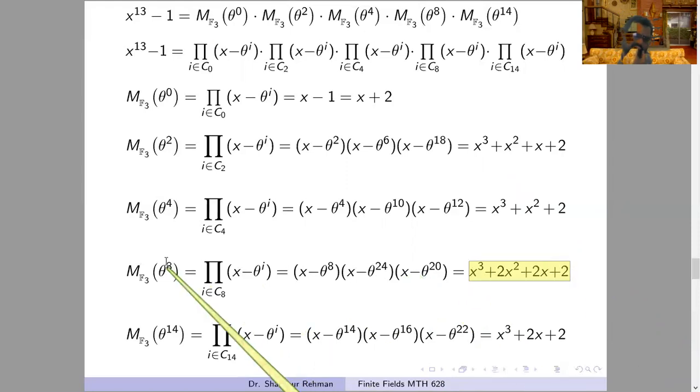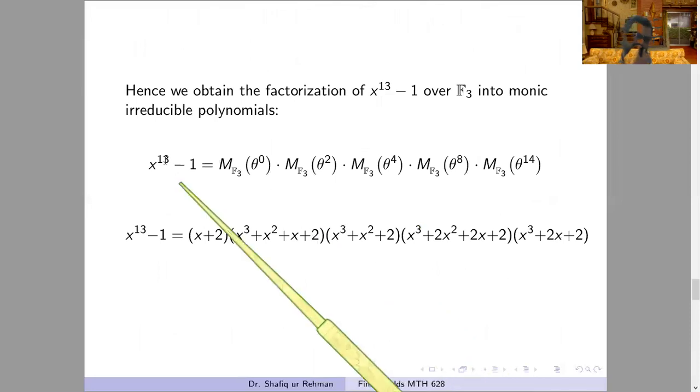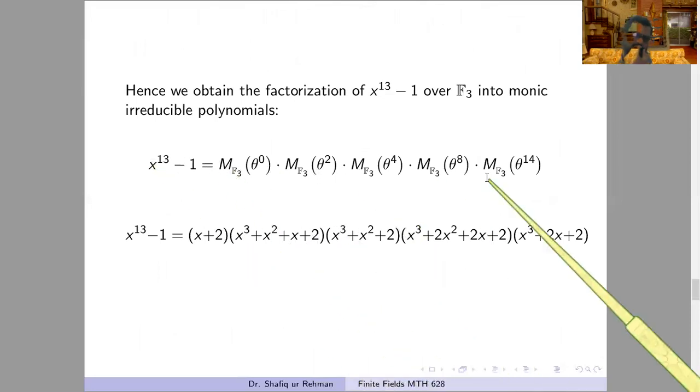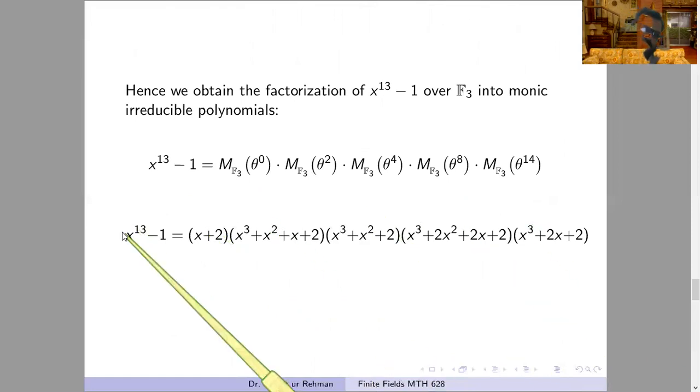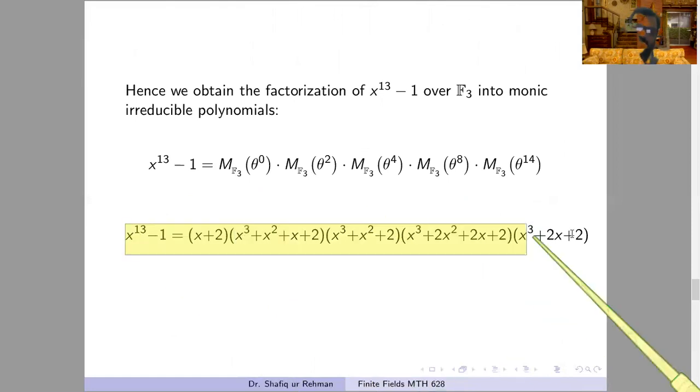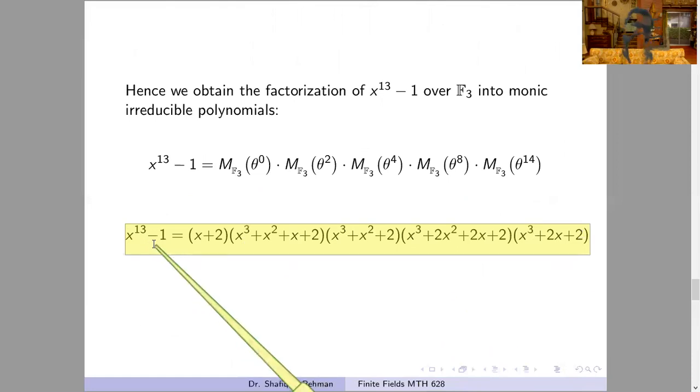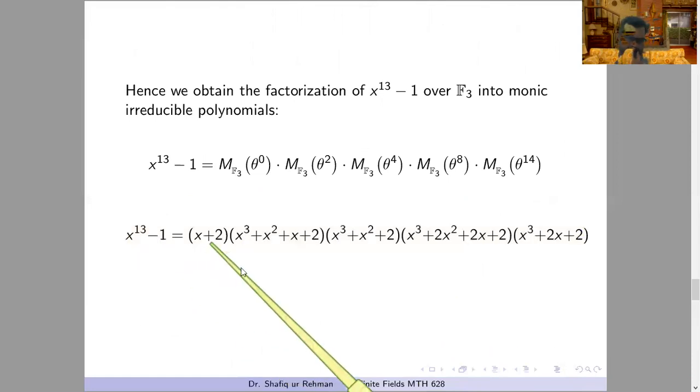It is a good exercise for each of these steps to verify that this is equal to this. In this way we will get the factorization of this into minimal polynomials, and these are the monic irreducible polynomials. So finally we get the factorization of this polynomial over f3 into monic irreducible polynomials over f3. Yes, all these polynomials have coefficients in f3. So this is the process.